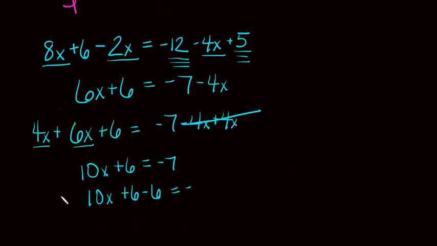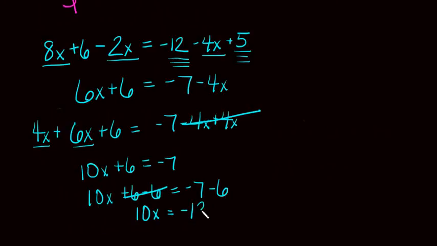Negative 7, and I need to take away a 6 minus 6. So that made this 0. So now I have 10x equals negative 7, take away 6 would be negative 13.